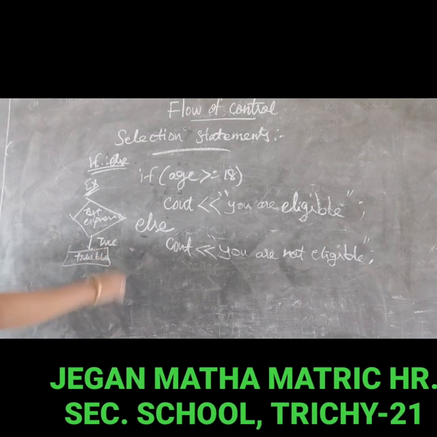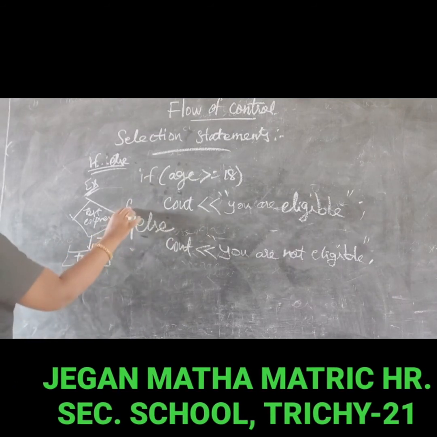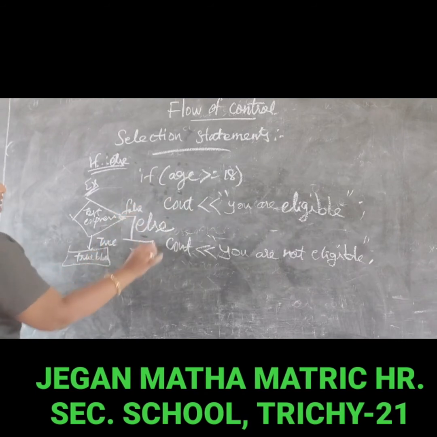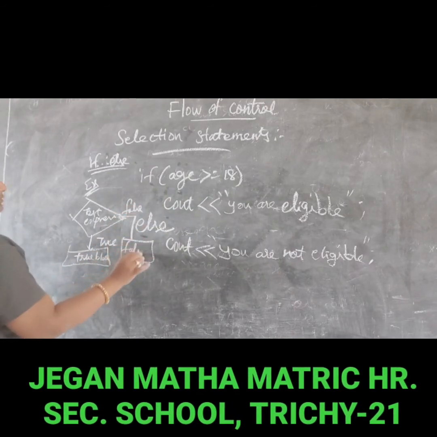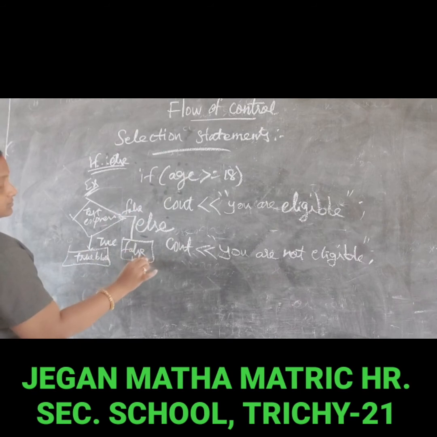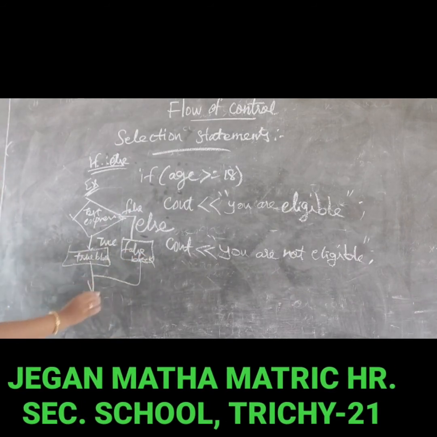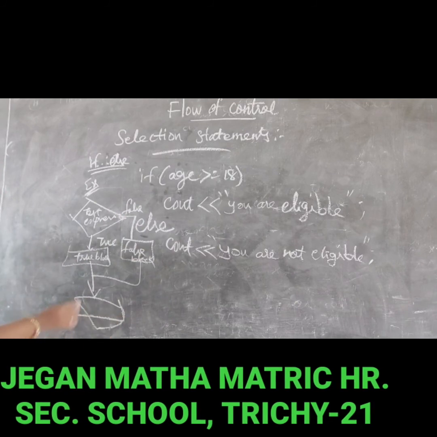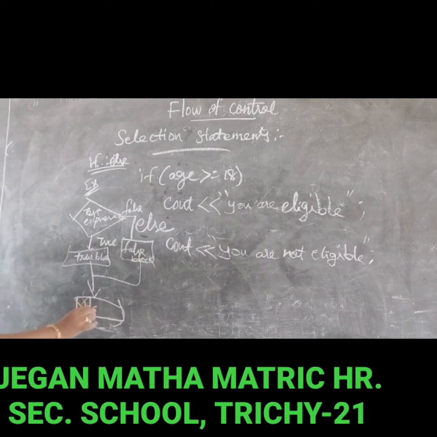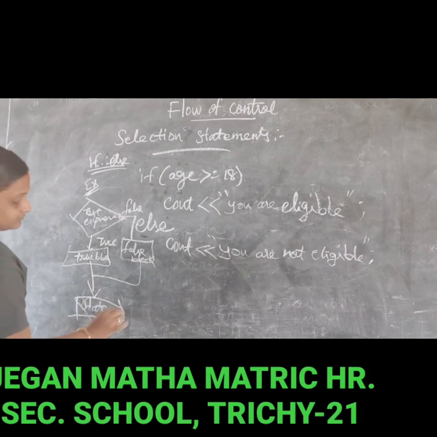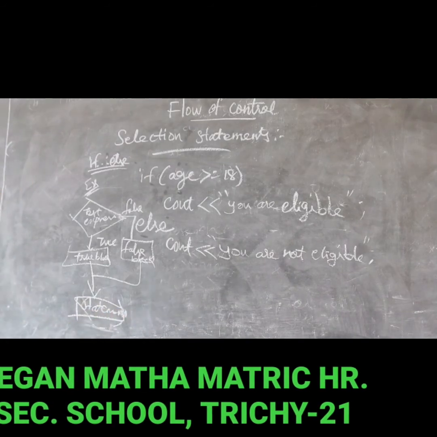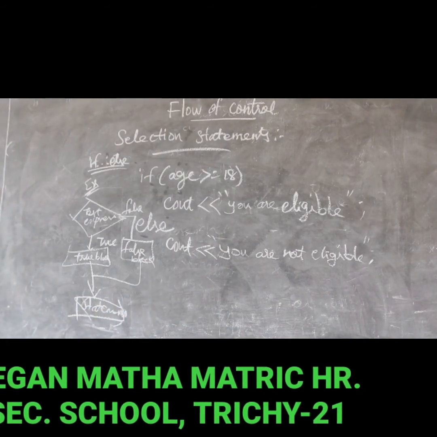If the condition is false, the false block is executed. At last, if we have any other statement, it proceeds with the next statement. So this is the example for the if-else statement.